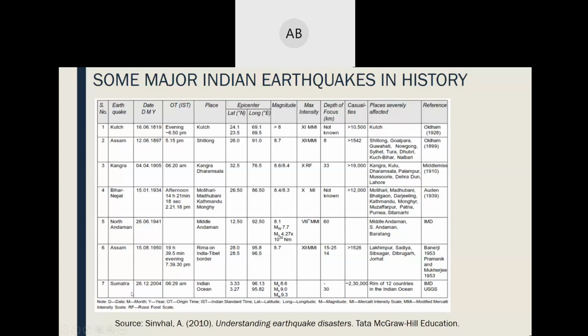So the hazard, as I said, has a probability of occurrence. That means 1 by 50 is the probability of occurrence. If you know this probability, you have an indication about the magnitude. So the more the probability, the less the magnitude, or vice versa.